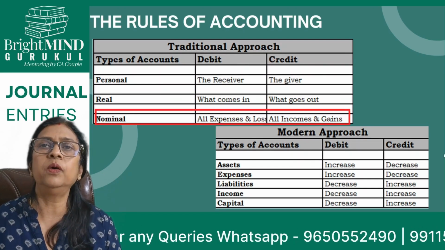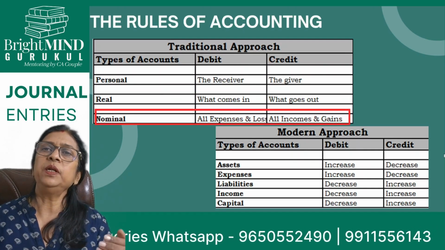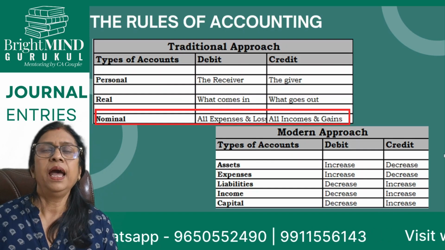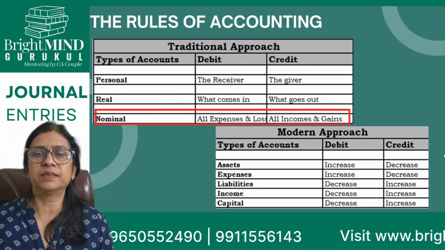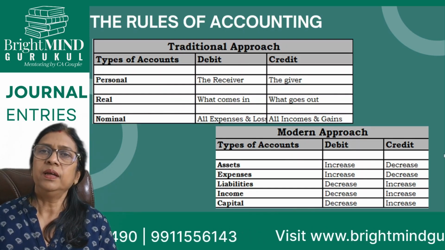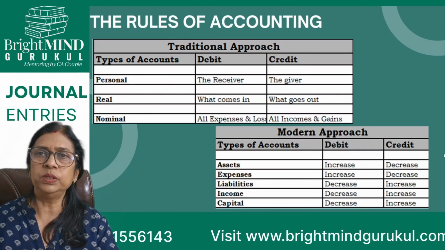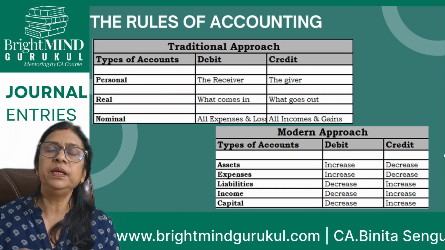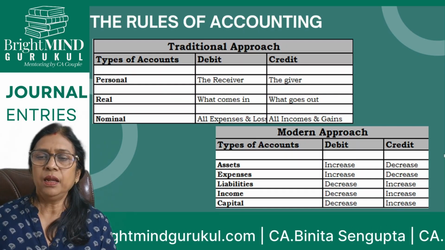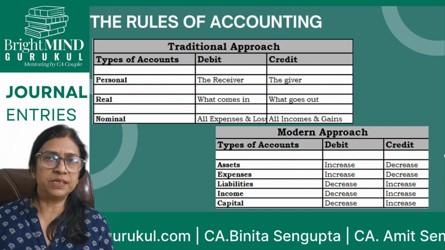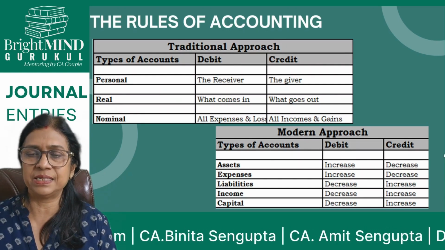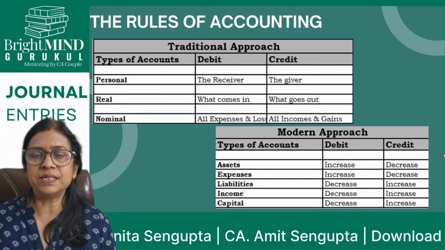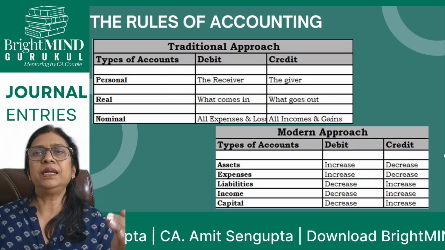And for the nominal account, the rule will be debit all the expenses and losses and credit all incomes and gains. If you know the rules, the journal entry or the recording of the journal will be very easy.